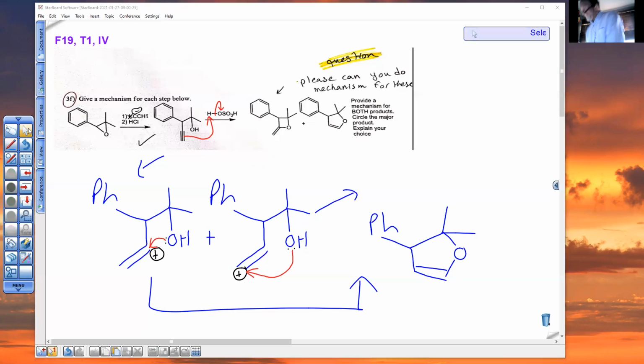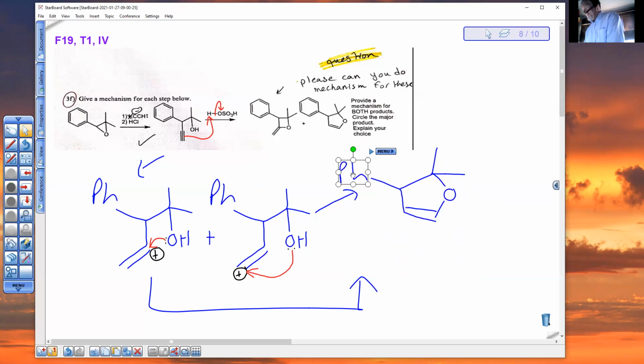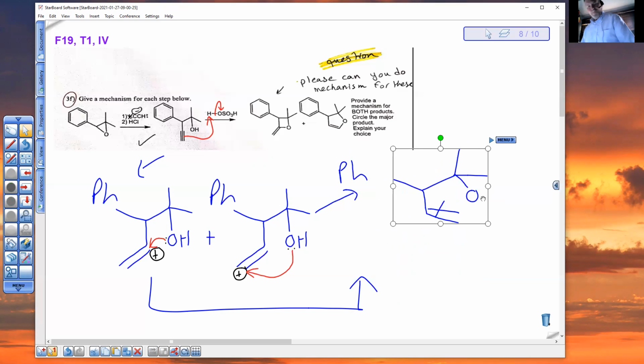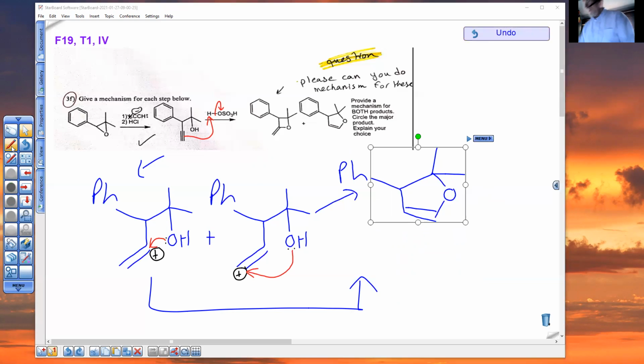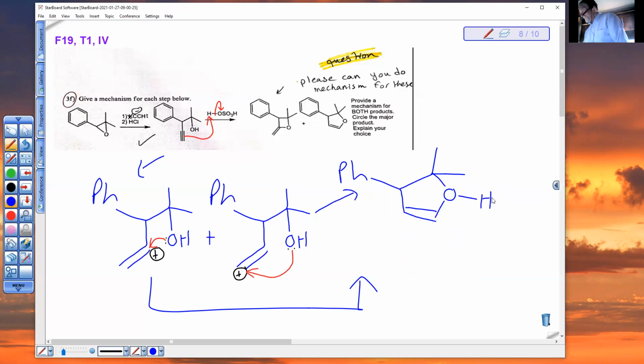This one goes up here. And we have a bond H. We attack the end carbon. When we attack the middle carbon, we get phenyl. There's the O. Dimethyl oxonium.